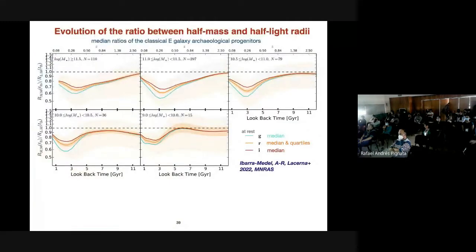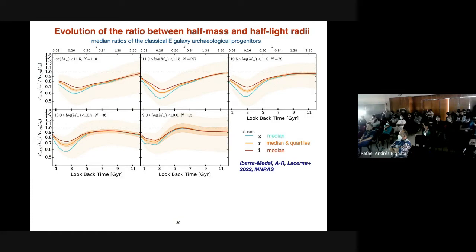So we have found that the mass radius doesn't evolve too much, as is claimed in this scenario of very fast growth in the non-dissipative phase of this scenario. Here I'm presenting the ratio of the half-mass radius to the half-light radius for different colors. Just look at the orange lines, which are for the R band.